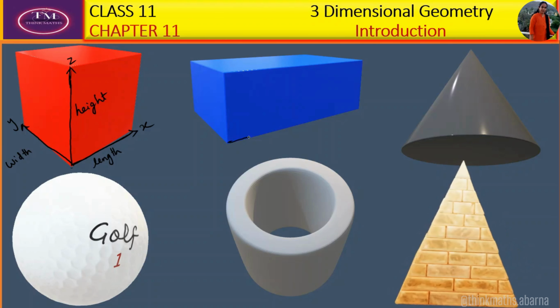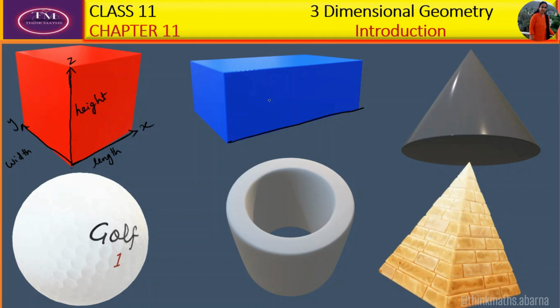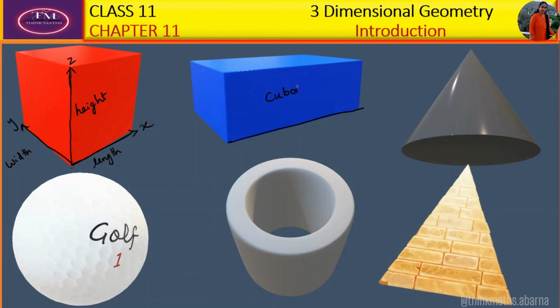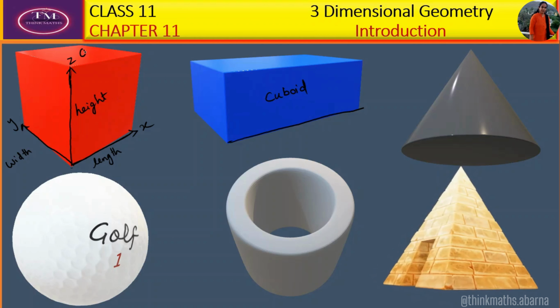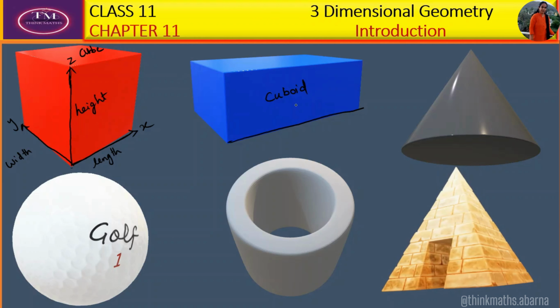This is the shape of the cuboid. This is cube and this is cuboid. Cuboid has length, which is in x-axis, and this is the width, we note it as y-axis, and the height is z. These are the three dimensions of the cuboid.